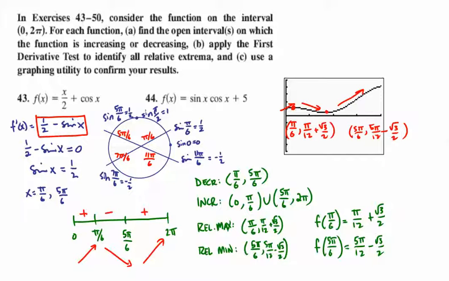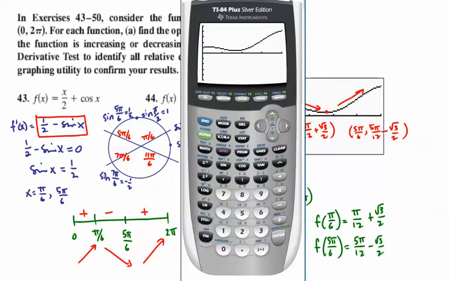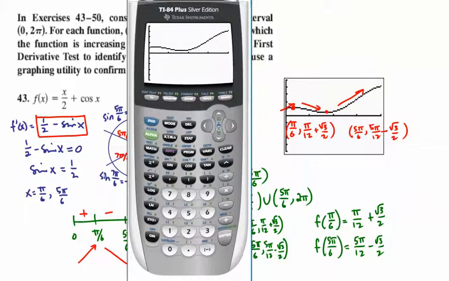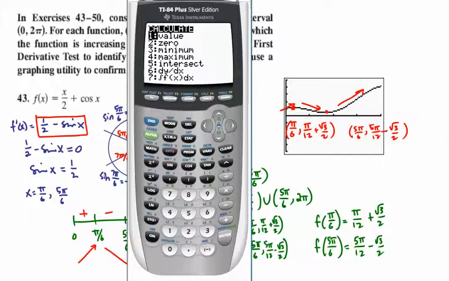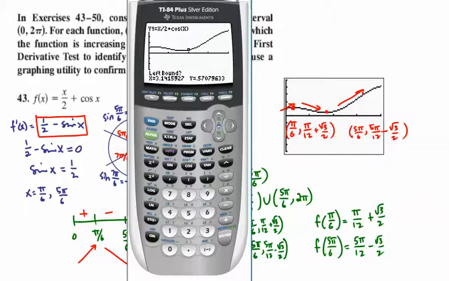Now you could actually plug those values into your calculator and double check with the maxes and mins. Here, let's go ahead and do at least one of them. So we have second calc, we want to find the first maximum, which is at 4, and we'll do from 0 to pi and guess, and there it is at 0.523.